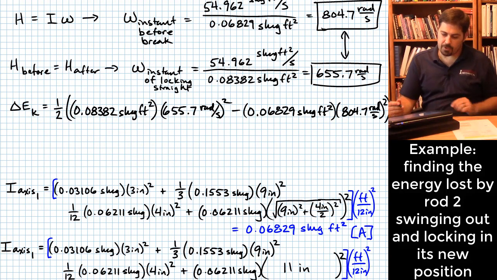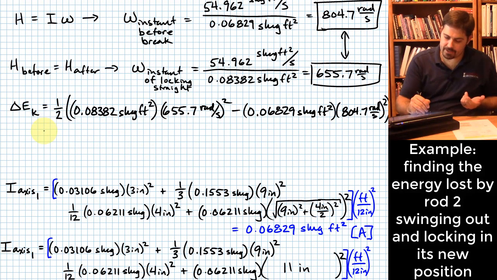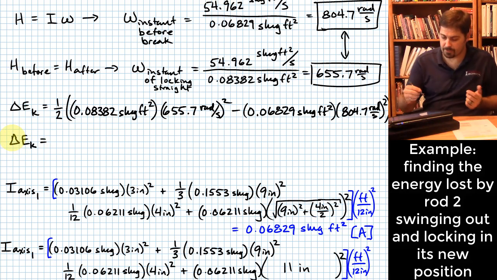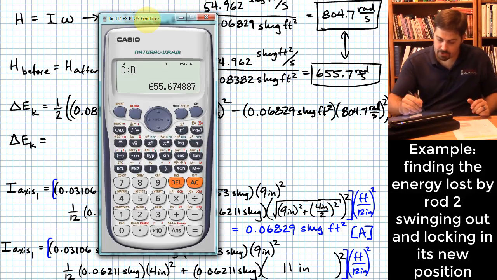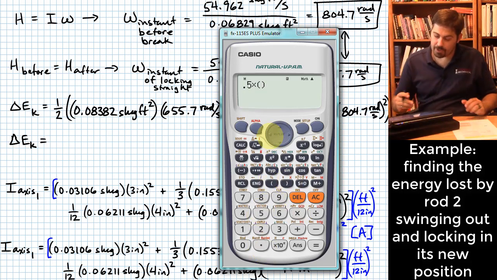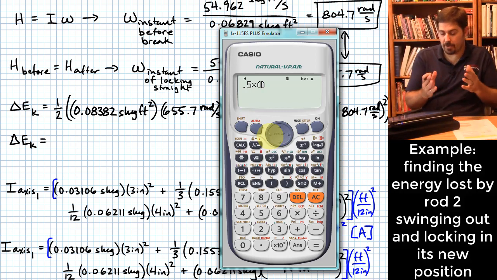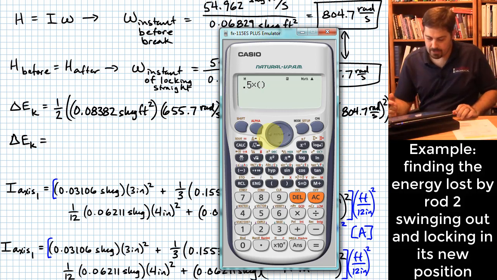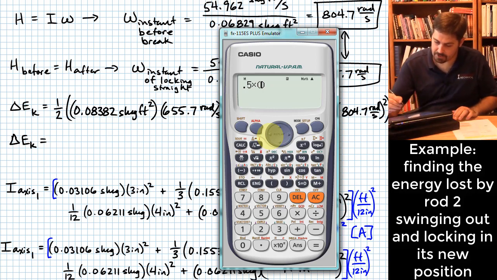Now what we should find here is that we have a negative change in kinetic energy. Why should it be negative? We should find that it's negative because we lose energy whenever that collision happens where the rods snap out. That can't necessarily give us energy, so we should see it losing energy.